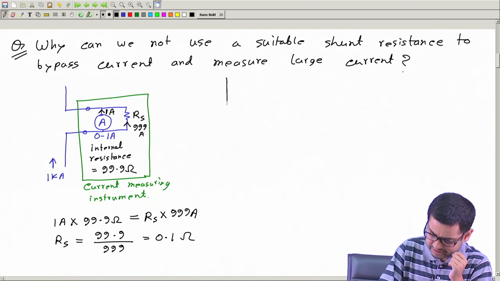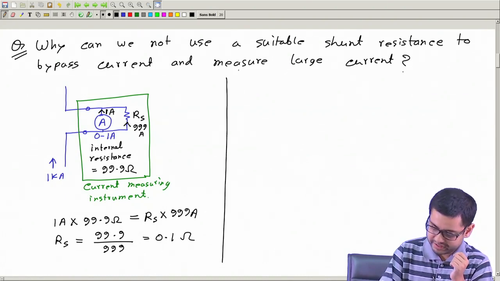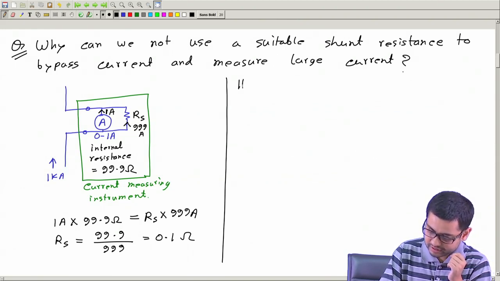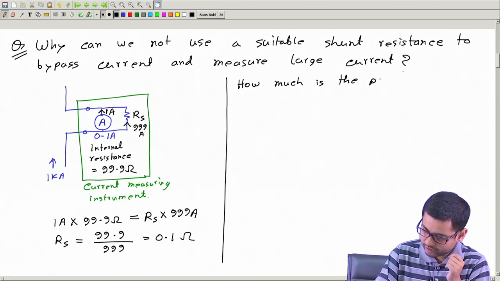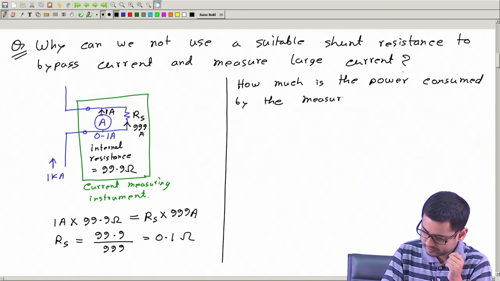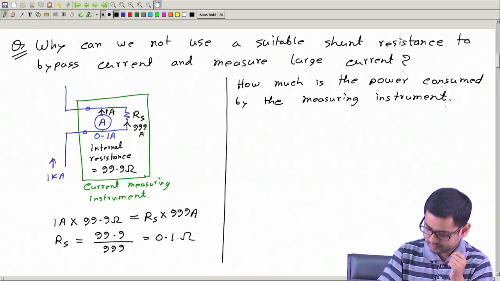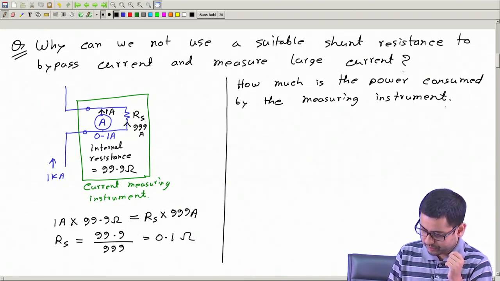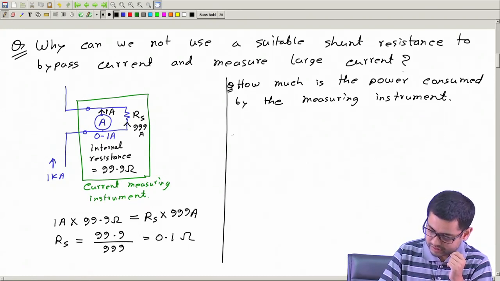Now let's estimate two quantities. Number one, how much is the power consumed by this measuring instrument. The power consumed by the measuring instrument will be how much?